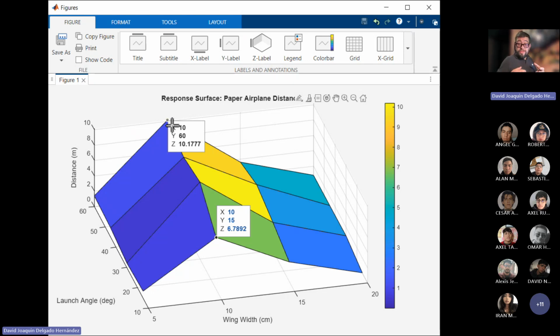So look, when you introduce more and more different values in this case, you can have a better approximation. Okay, your model is better.